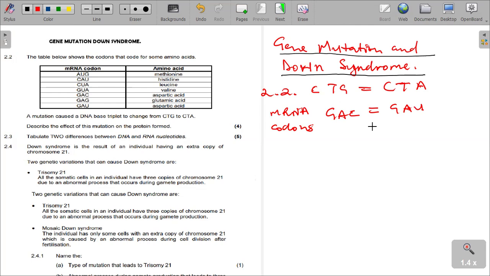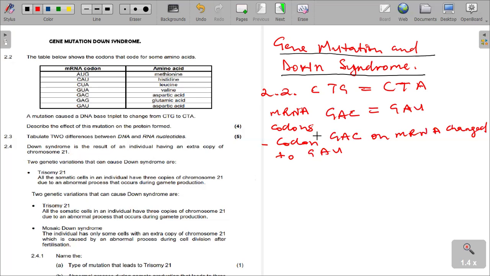So our answer should say that codon GAC on the mRNA changed to GAU, which you can see here.